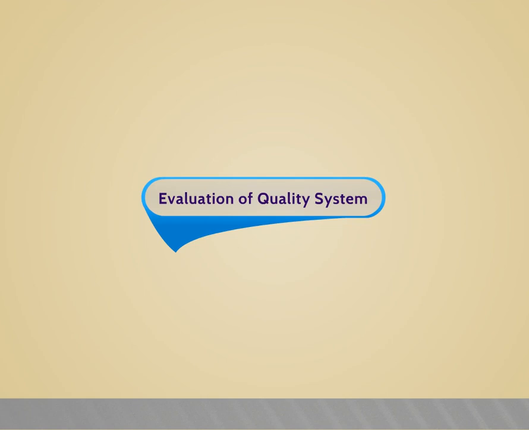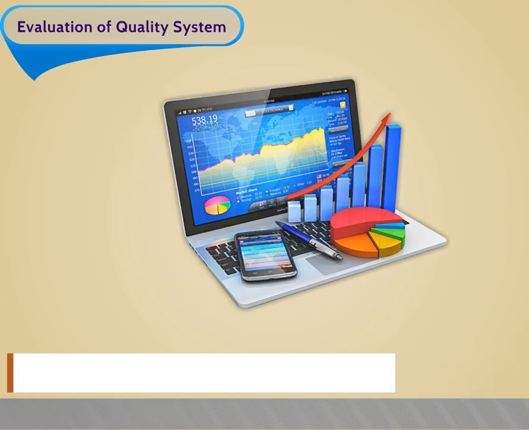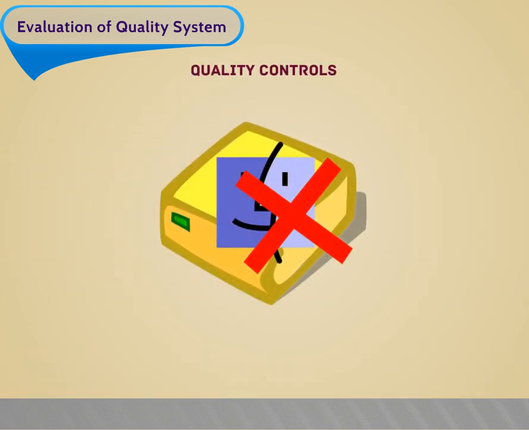Evaluation of quality system. Quality systems have rapidly evolved over the last six decades. Prior to World War II, the usual method to produce quality products was to inspect the finished products to eliminate defective products. Quality control.